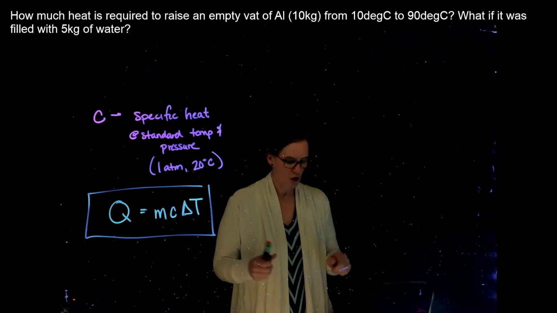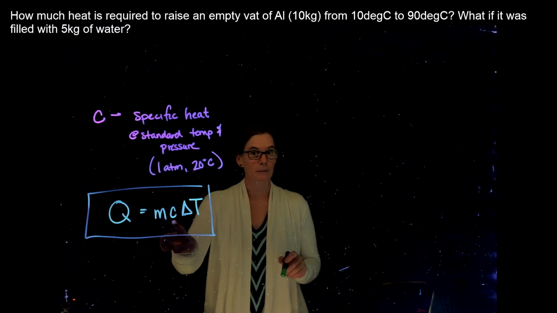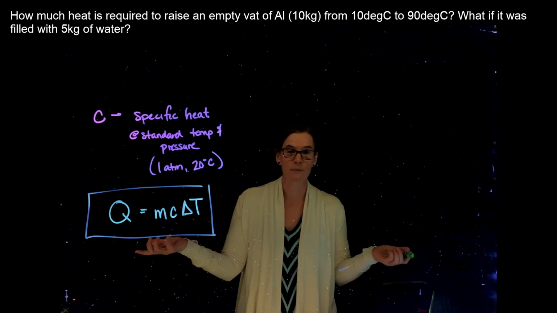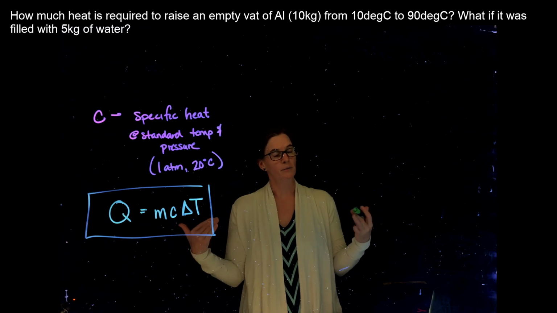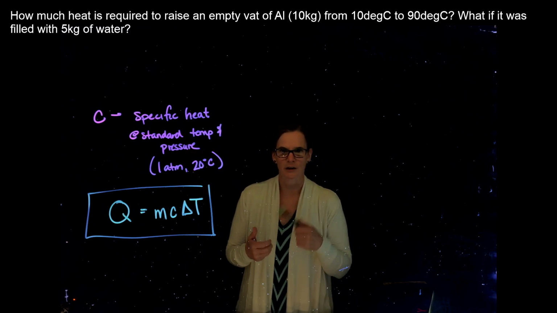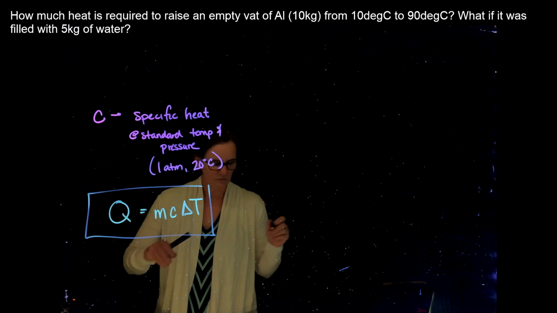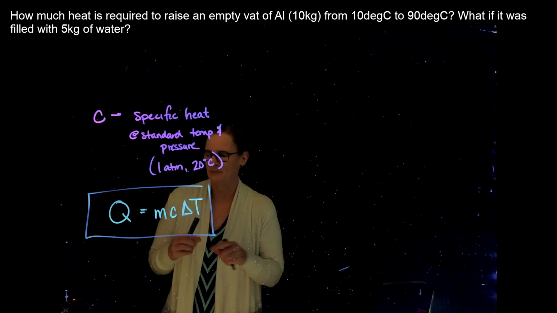Okay, so we need to know a couple of things. We need to know the specific heat of aluminum for part A, and we need to know the specific heat of water for part B. And unless it's stated, we're assuming standard pressure and temperature. And so we're going to look at that specific heat value.